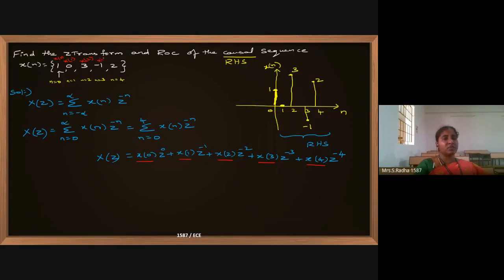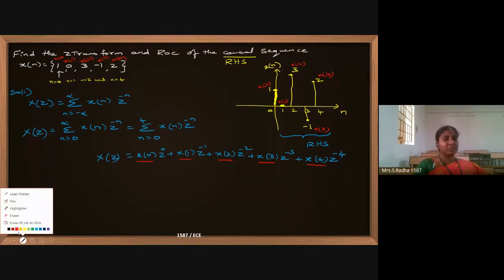This is x of 3, and this is x of 4. If you see the diagram, this height is nothing but x of 0, this is x of 1, this is x of 2, this is x of 3, and in the diagram this is x of 4. These are the values already given in the question.